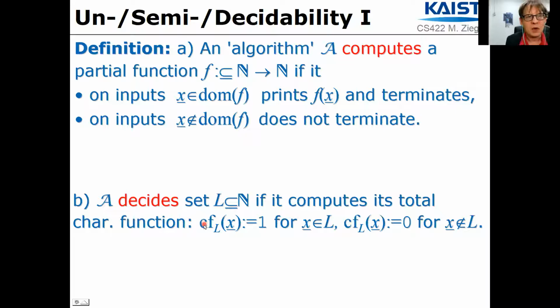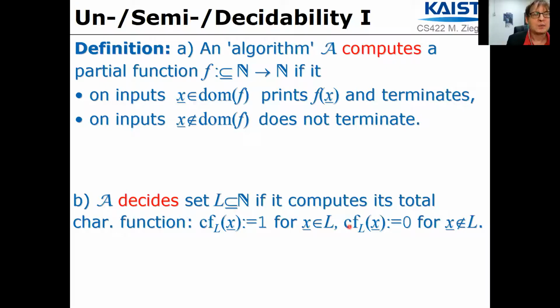Recall that the characteristic function of a subset L of natural numbers has the value 1 on arguments that do belong to the set L, and has the value 0 on arguments that do not belong to the set L. So this captures really the essence of deciding something where the answer is only 0 or 1.